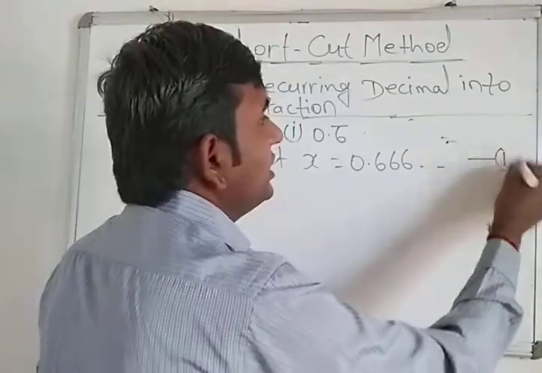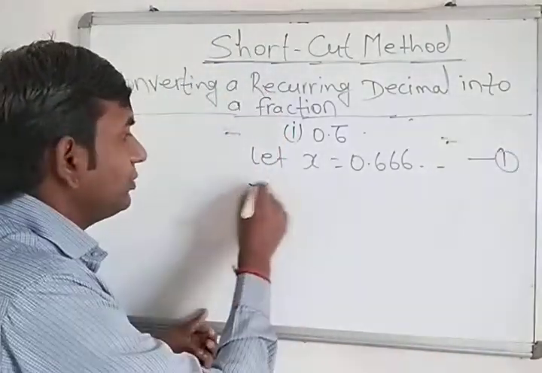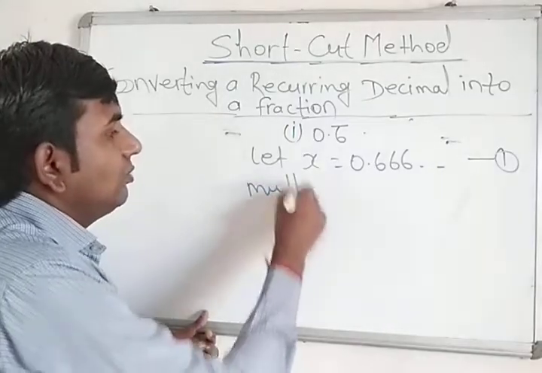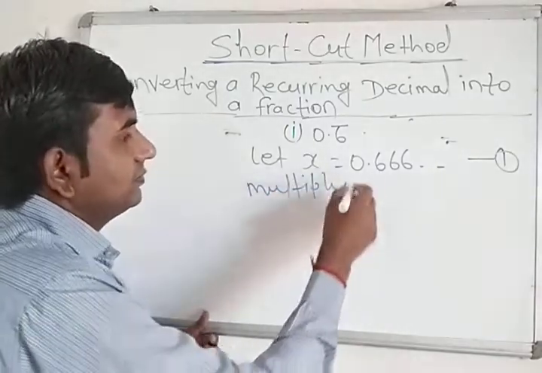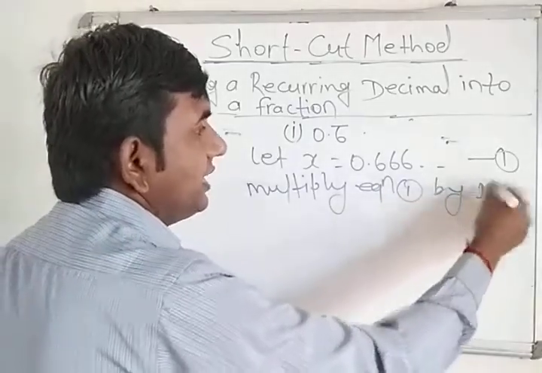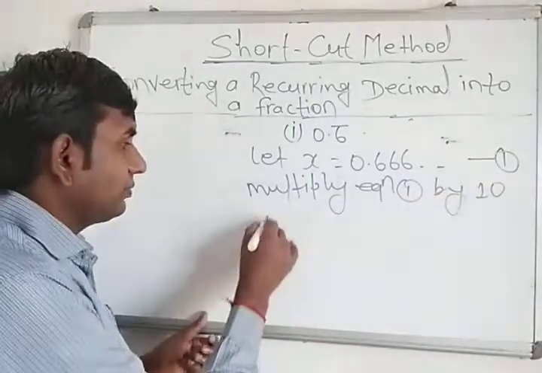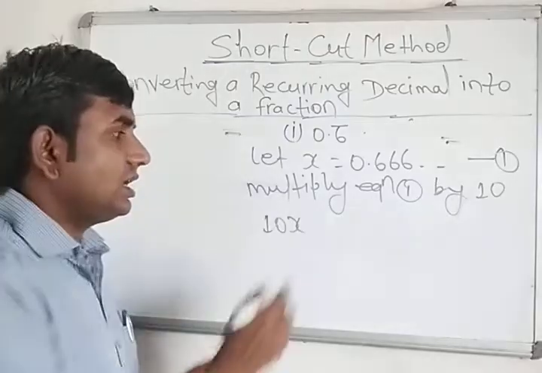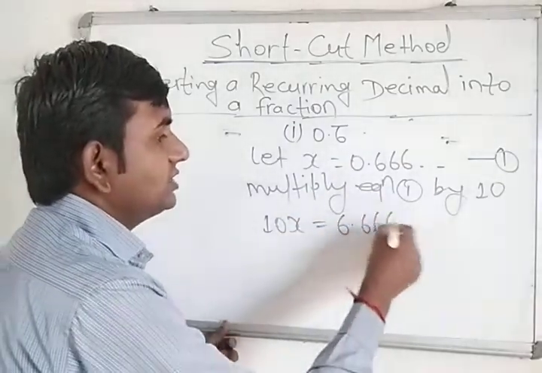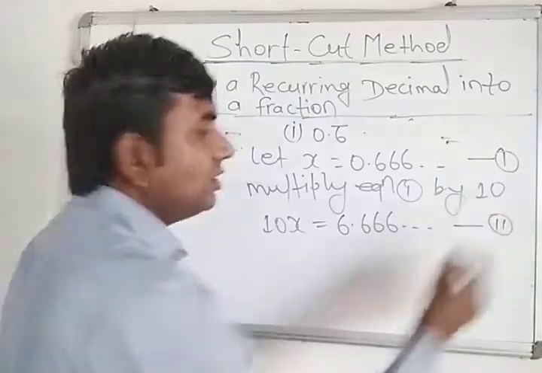Okay, so this is equation number 1. We multiply equation 1 by 10. Then we have 10x, and after multiplying we get 6.666 and so on. This is equation number 2.